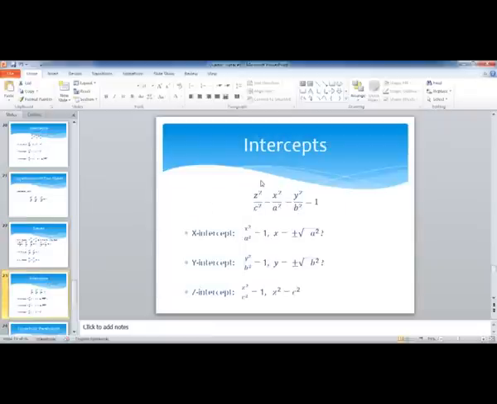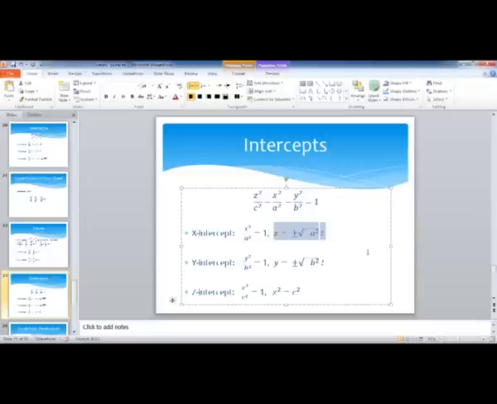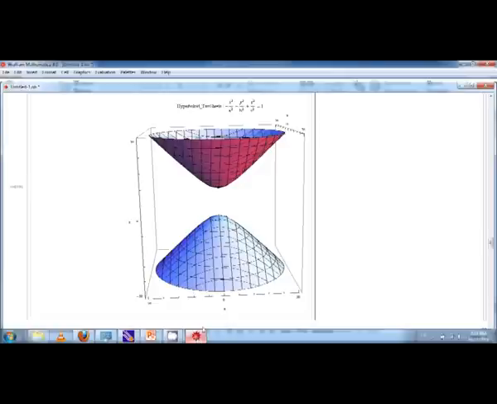Now we look at the intercepts. Notice in this case, the x-intercept does not exist because here we find that x is a complex number, and the same thing goes for the y-intercept. So let's look at the graph again.